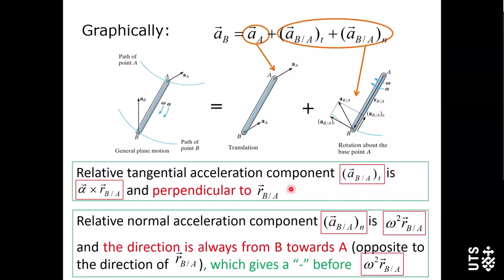Vector RBA has direction from A to B, but for this normal component, its direction is always opposite.